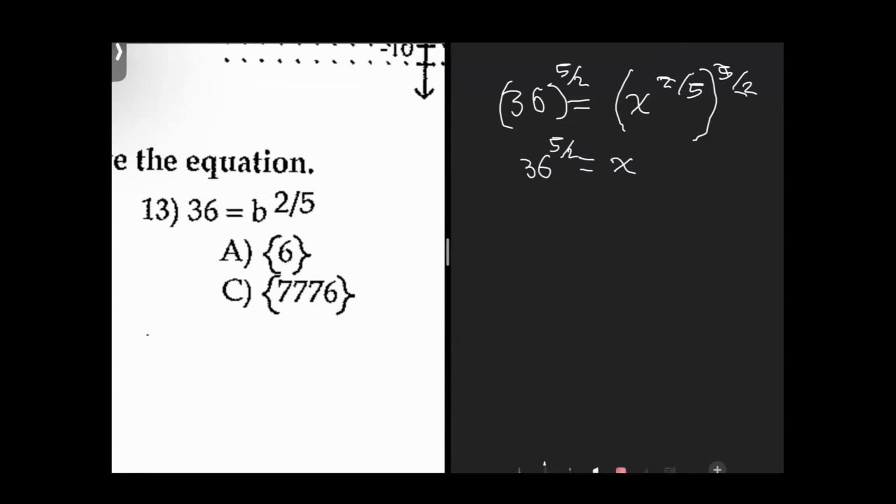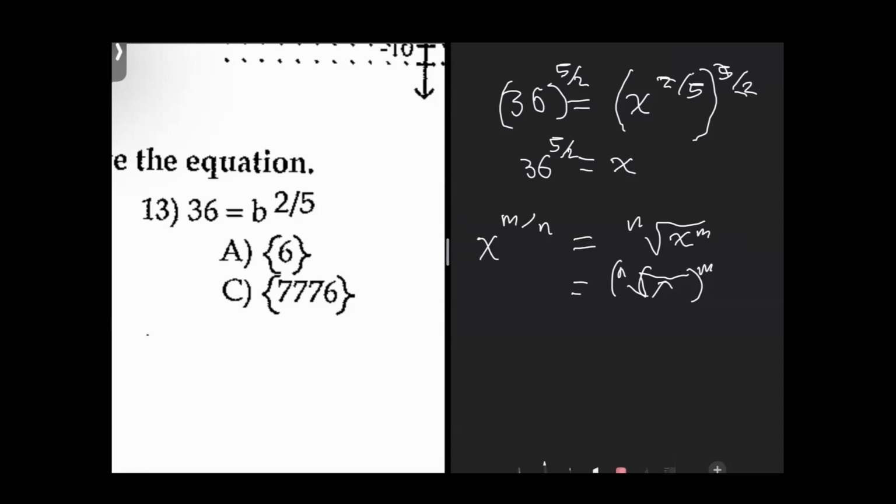So we can rewrite this as, if you remember how to convert a rational exponent into a radical, generally speaking, you'll have x to the m over n equals the nth root of x to the m, or you can also have the nth root of x, all to the m.